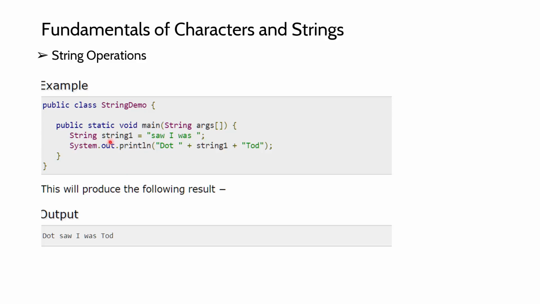But we can see here that we have string 1, and we see that it's initialized here to "saw I was ". And then down here in the print out, we actually build another string. And you can see here what the output is. Dot saw I was Todd. So that doesn't make sense, but you could see how it took the string 1 and placed it here between these two string literals.